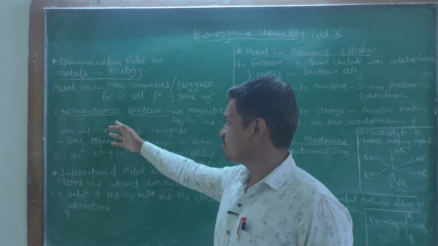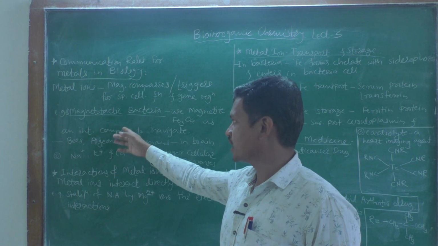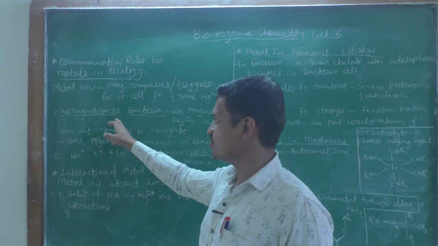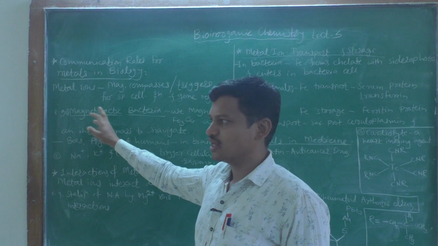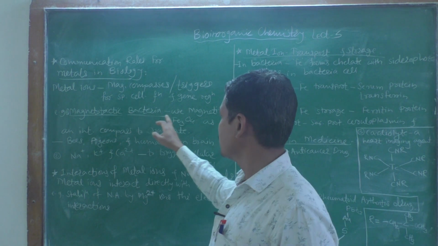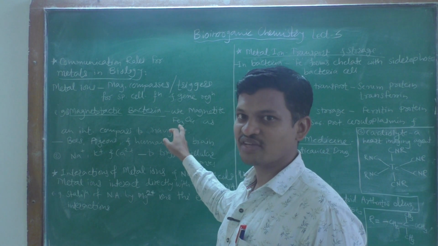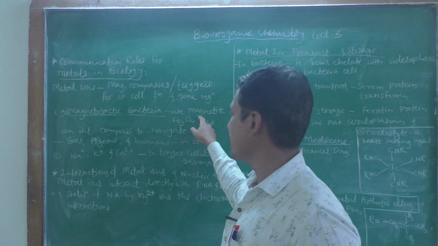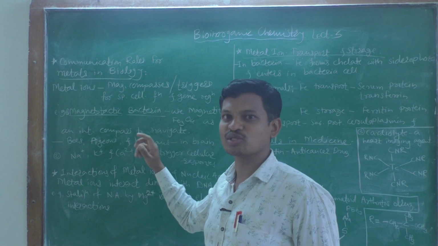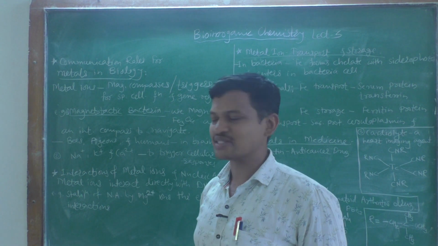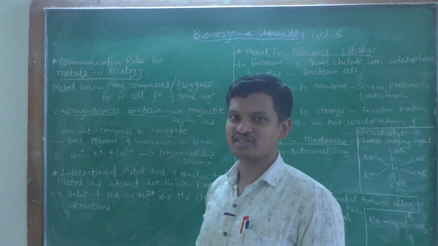A very famous example is in the magnetotactic bacteria. These are a special type of bacteria. The name is given in the sense that they are using iron in the form of Fe3O4 molecules, which is known as magnetite. This magnetite is used as a compass to navigate.